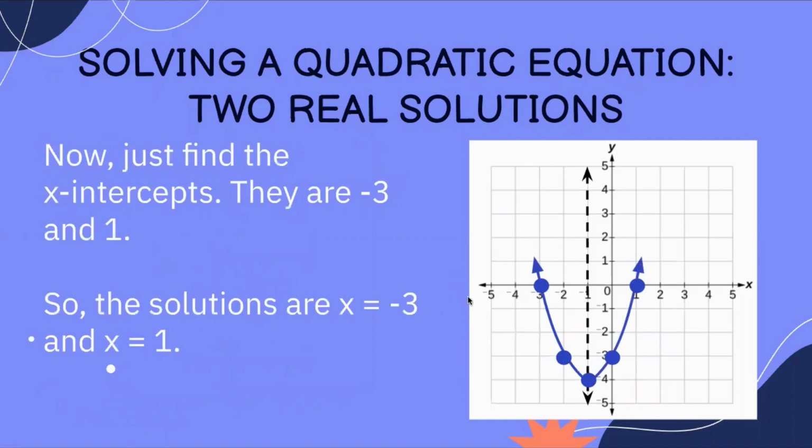Now, to actually answer the question of solving the quadratic equation, you just have to find the x-intercepts, or where the parabola crosses the x-axis. Notice here that it's at negative 3 and positive 1. And your two solutions would just be that x equals negative 3 and that x equals 1. And there are your two solutions.